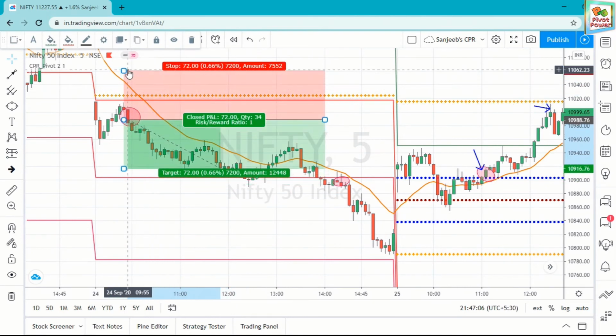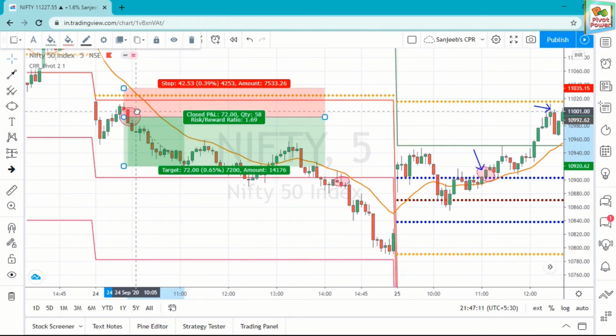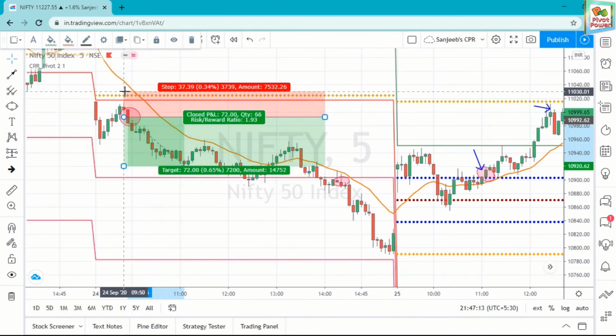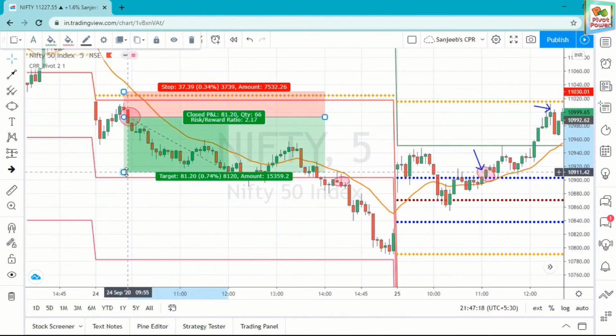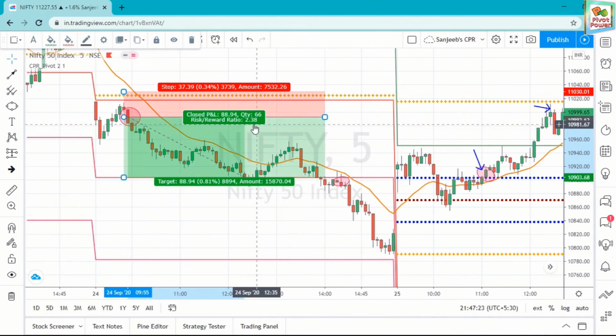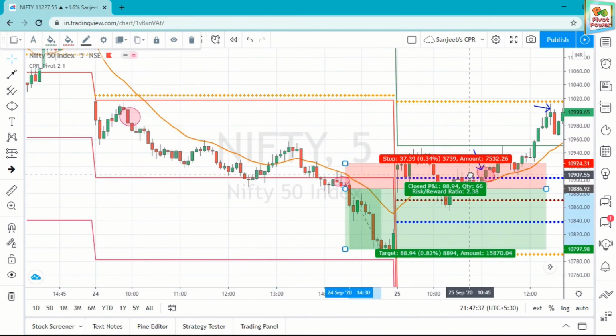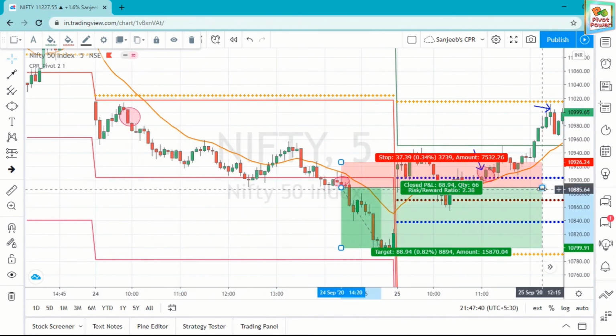The entry here, the stop loss should be above this entry, and the target is this point, the next one. Then how much is the risk reward ratio? It is 1:2.38. Then it is more than 1:2 risk reward, no issue.